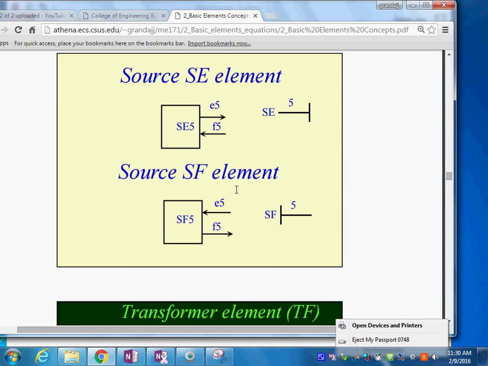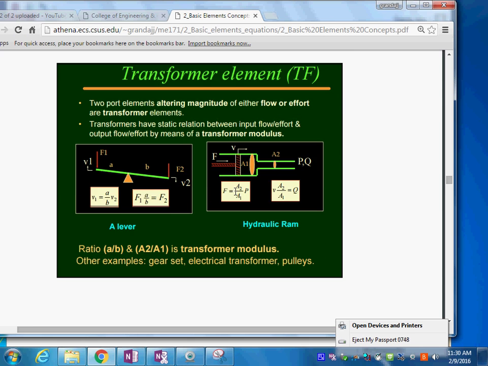So if this pushes, then it creates a pressure. The opposite is true if the voltage here has an input, it will have to have the same type on the other side, because that's what's happening here. It's like the force is proportional to the current. Okay?